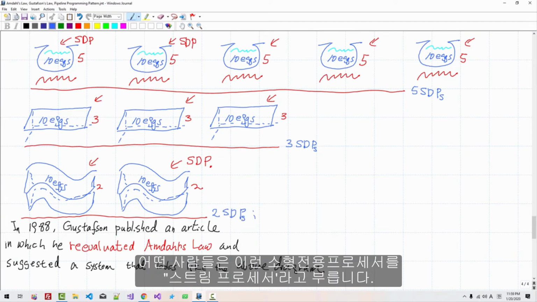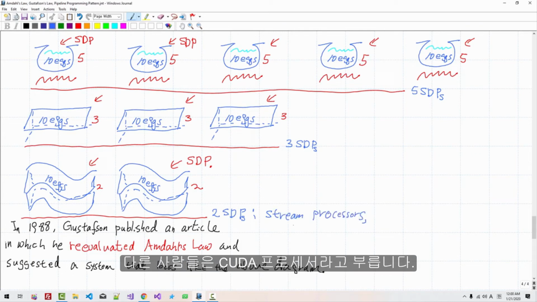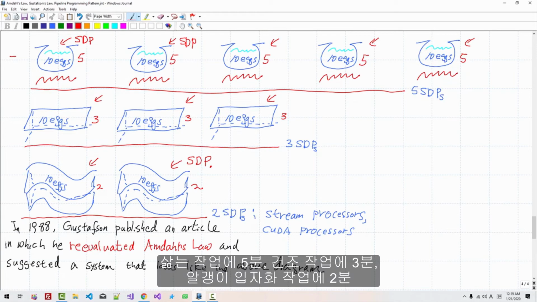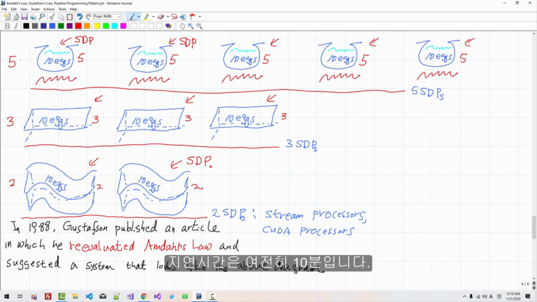Some people call these small dedicated processors stream processors. Others call them CUDA processors. In this configuration, 5 minutes for boiling, 3 minutes for drying, 2 minutes for granulation. The latency is still 10 minutes.